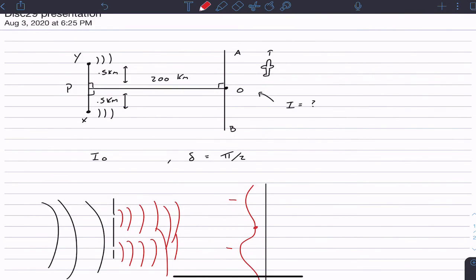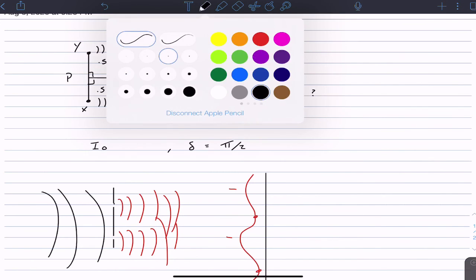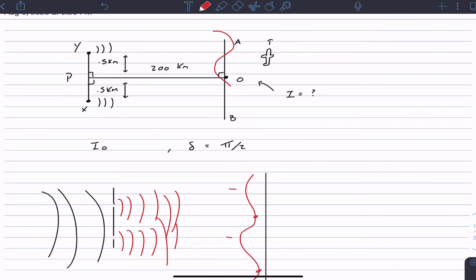Also, note that since these are just constantly emitting this light, it's like a constant source of radiation, right? And so now we have a standing wave. Essentially, since these are both emitting and they're constant, there's going to be a standing wave interference pattern right along this line, like this. So there's going to be some interference pattern here.